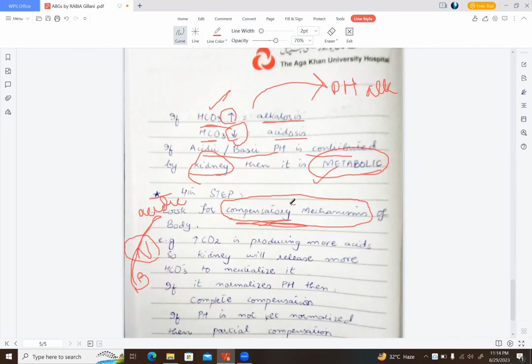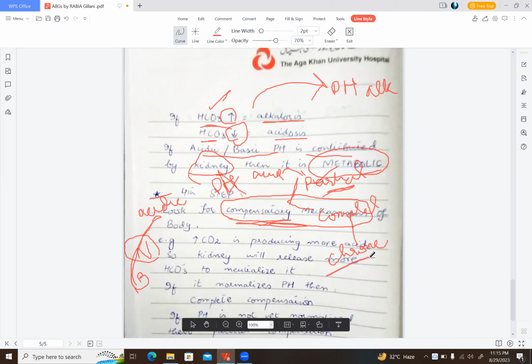Compensatory mechanisms can be divided into partial, which we can also call acute, and complete, which we can also call chronic. In partial compensation, pH is not normal, while in chronic or complete compensation, pH is completely normal.